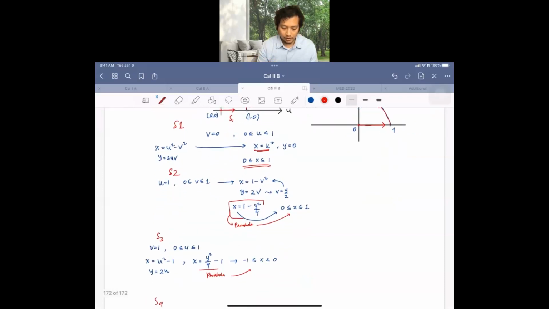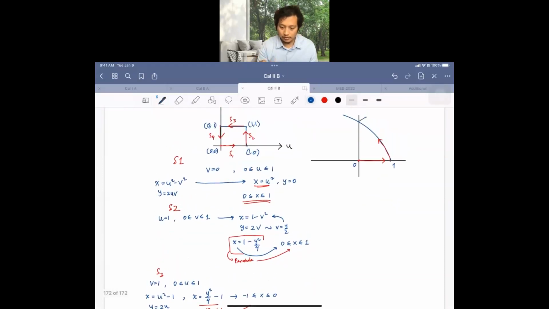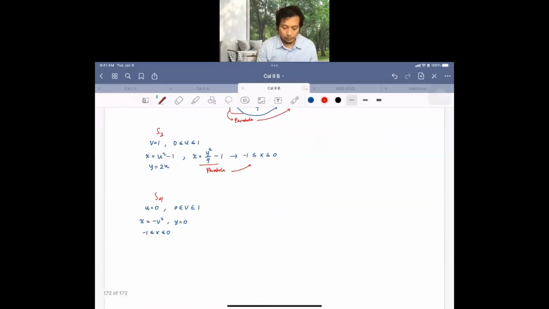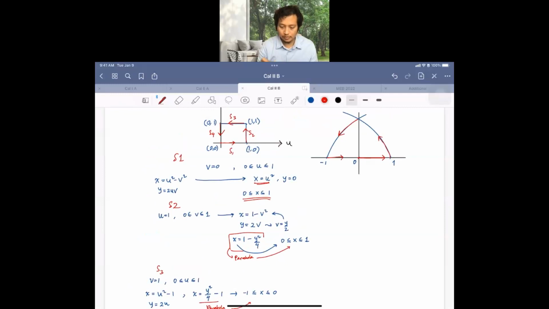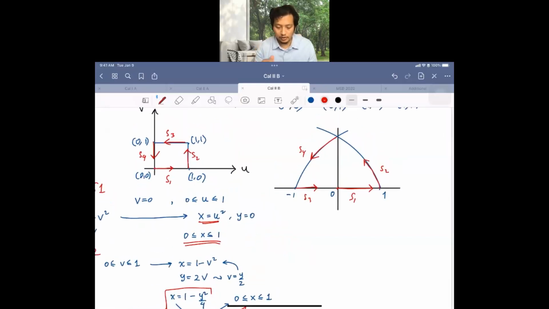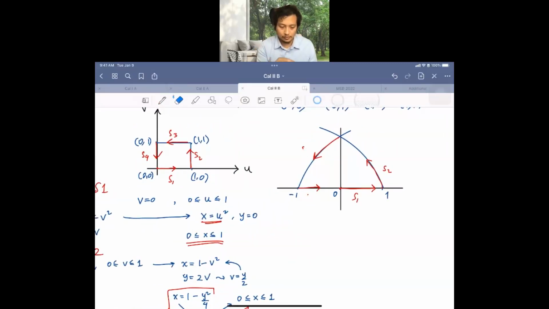And S3 is another parabola, and this will be around here. This is -1. And then the last one will be from -1 to 0 from here. So this is the image, or the result of transformations from S1, S2, S3, S4.